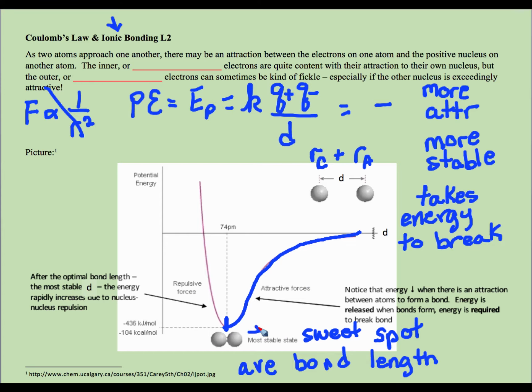Unless we're at 0 Kelvin in a perfect crystal, atoms are going to have some motion and they vibrate along that average bond length. So that's our sweet spot, and we report our average bond lengths. If we were down here and we wanted to break that bond, we would have to get up to a distance equal to 0, and that would represent the energy that it takes to break that bond.